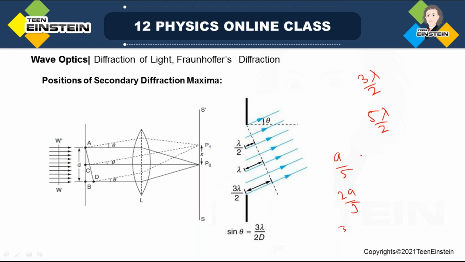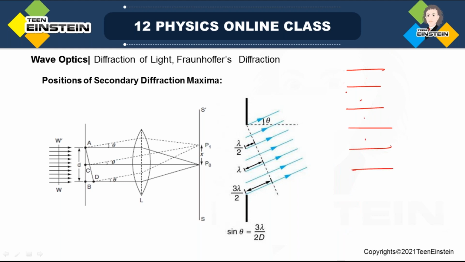Five equal parts: the first 4 parts will give you destructive interference. Only the remaining part will give you light.